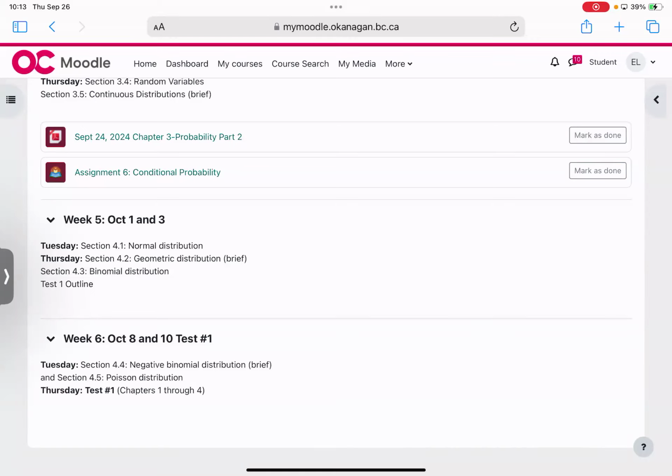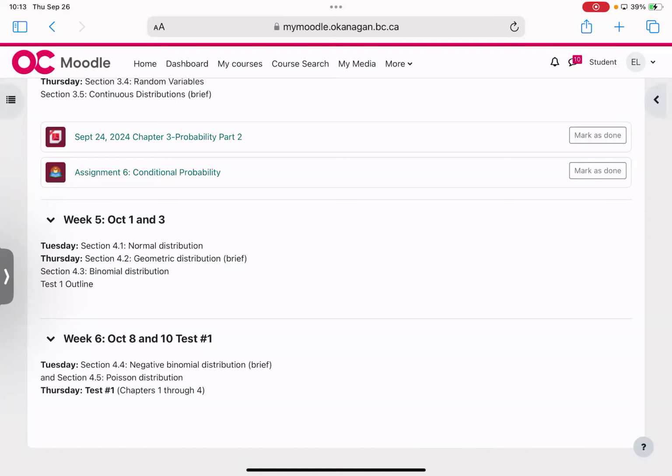And so next week, we're gonna start chapter 4. Whenever it says brief, I'll do just a little sentence about it. So nothing crazy. We are doing it, quote unquote, but we're gonna focus on the normal distribution and the binomial distribution next week. So those will for sure be on test 1. And then I'm hoping to maybe get to the Poisson before the test.